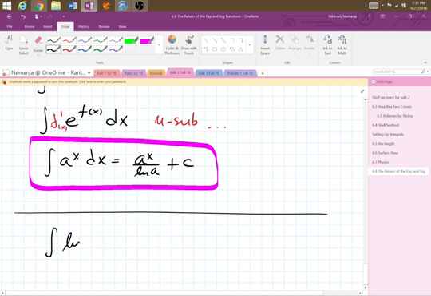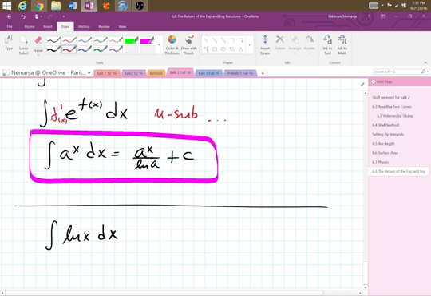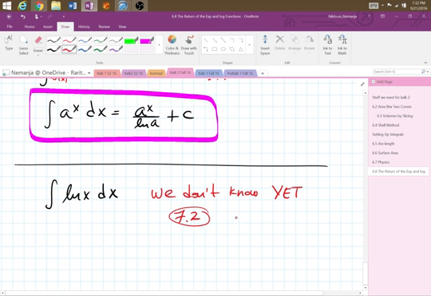So what's the integral of ln x dx? We don't know the integral of ln x.